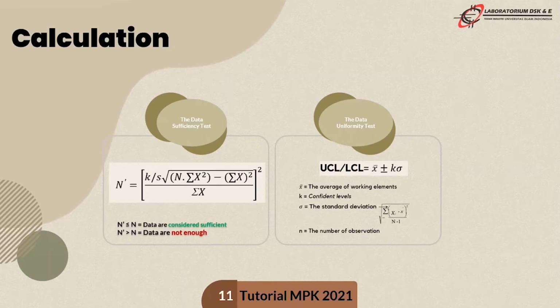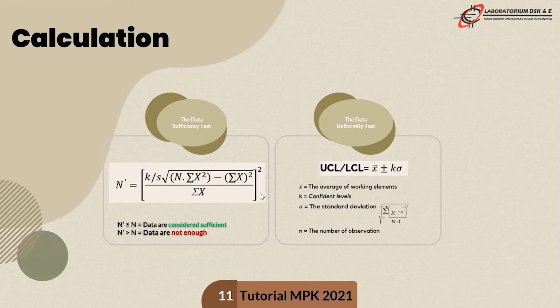And for the data sufficiency test, we can use the formula that has been shown in the slide, where K is the confidence level that indicates the extent to which the reliability of statistical samples can correctly estimate population parameters. The higher the confidence level, the greater the data required.